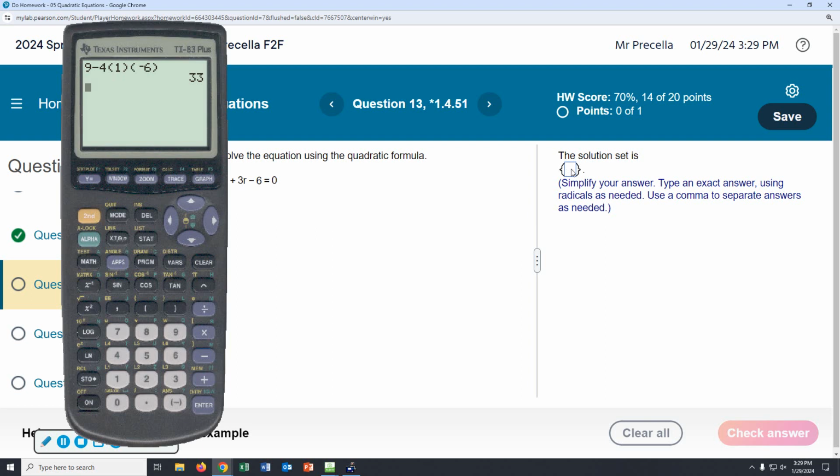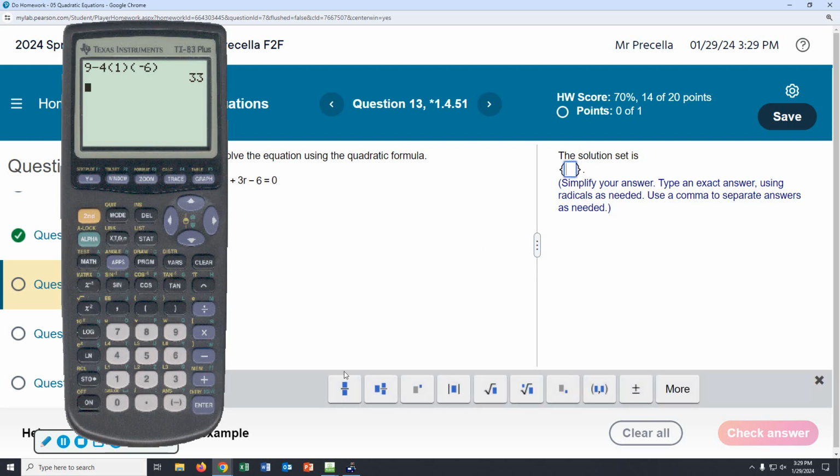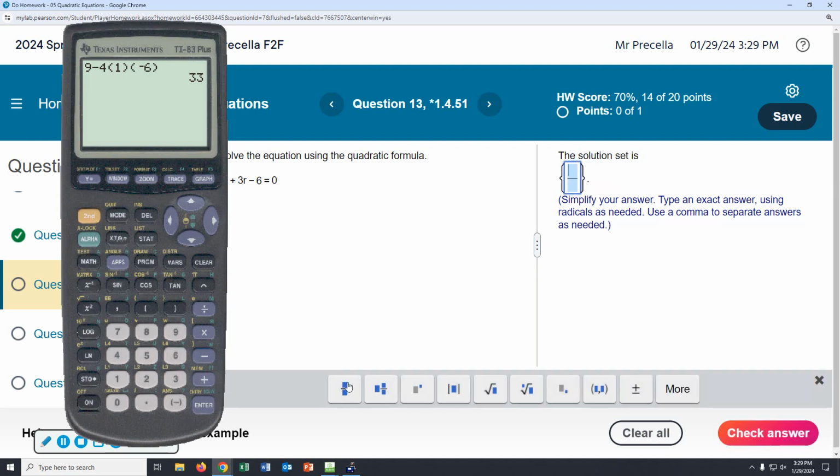Click in here. Sometimes students say it doesn't show the little box, the tools. You've got to click inside the answer box before it shows you those. And we go negative 3 plus minus the square root of 33 all over 2.